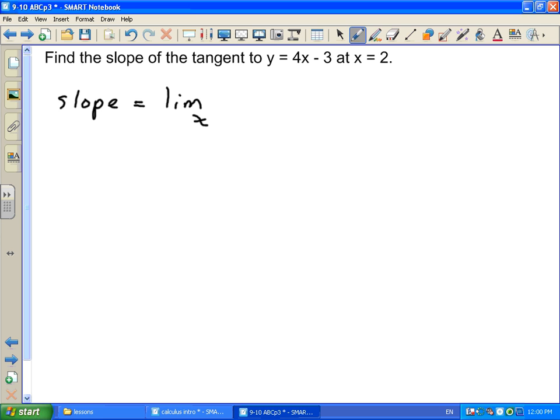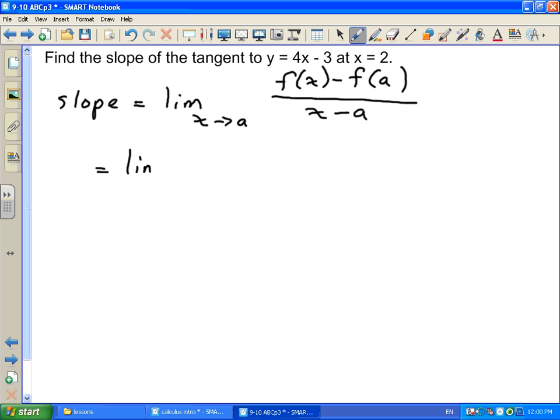Limit as x tends to a of f at x minus f at a divided by x minus a. Okay, what's our value of a here? 2. So we're taking the limit as x tends to 2 of f at x minus f at 2 all over x minus 2. And we're told what our function is. Our function is 4x minus 3.